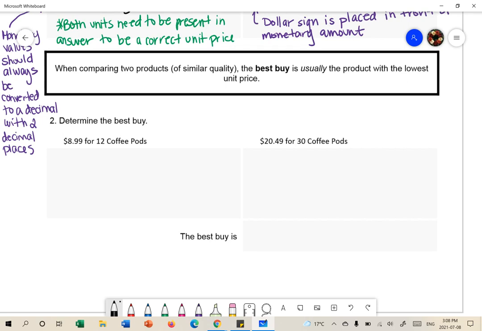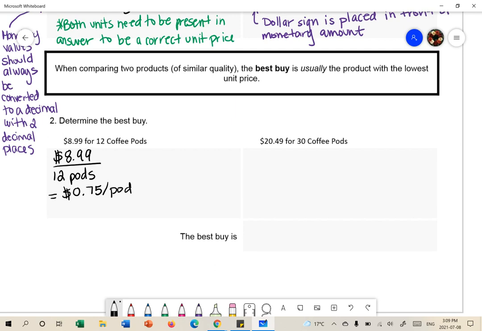So I'm going to start with the first one, taking my dollar amount and dividing it by the quantity. $8.99 divided by 12 is 75 cents per pod.